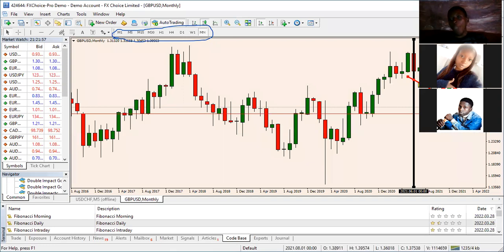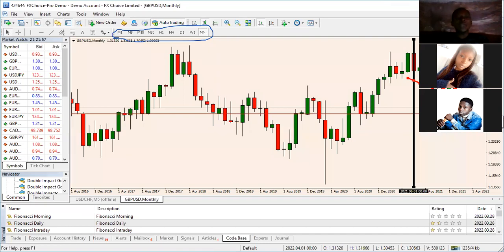Why has it disappeared? Because it's not touching the current red candle. And the current red candle takes 1 month to form. Hope you understand. Yes. So if we go to 1 hour, it must disappear because this very line previously hasn't touched the current candle, which takes 1 month to form.